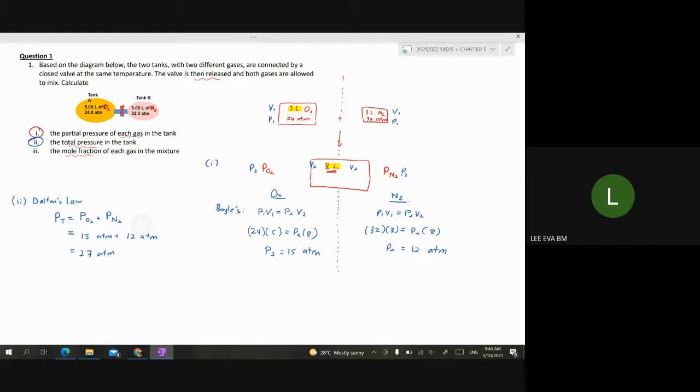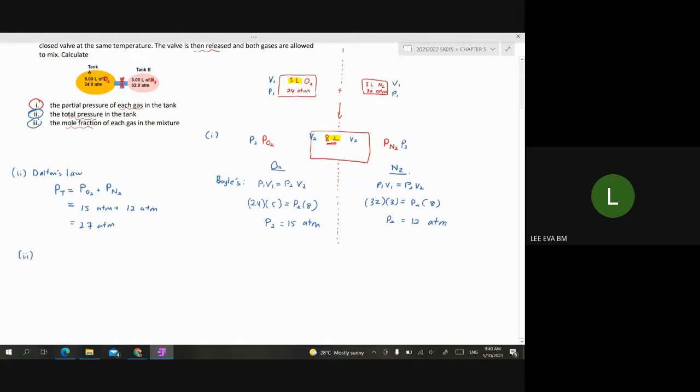Now we apply the last one. Okay, part three. Mole fractions of each gas. So, the formula for mole fraction? Oh, we do the formula first. PO2 over the P total, or PO2 plus PN2 is also fine.